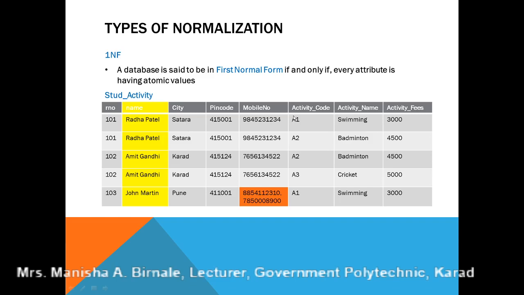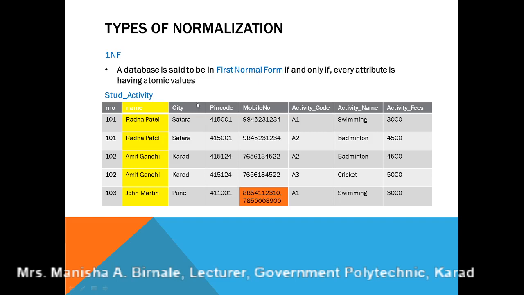The other attributes, like city or activity name, are single-valued. But mobile number is a multi-valued attribute because one student has two mobile numbers. So again this is not an atomic value because it can be broken into mobile number 1 and mobile number 2. As composite and multi-valued attributes are present, this table is not in first normal form.